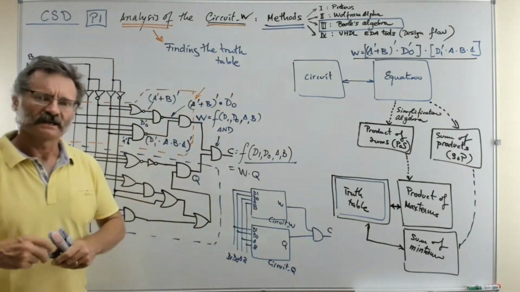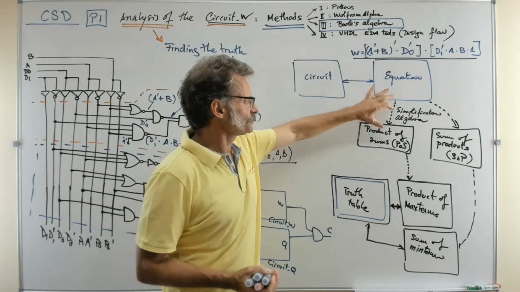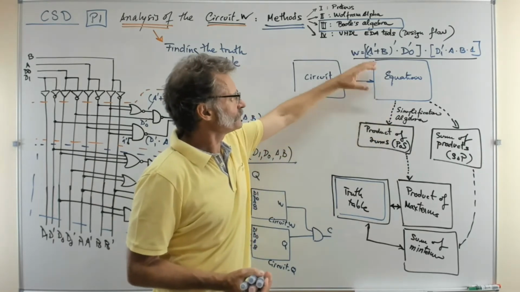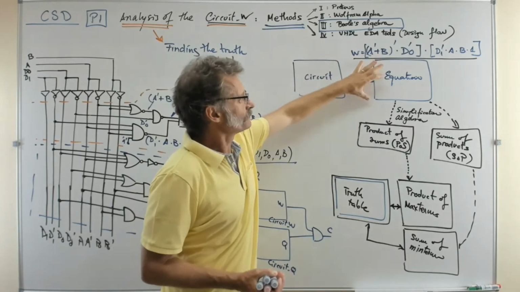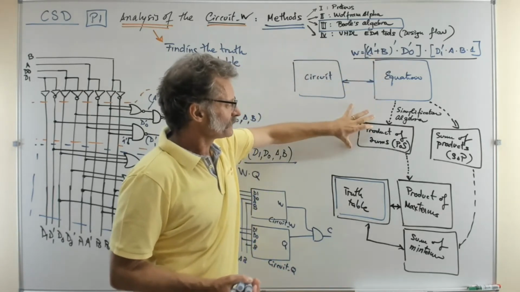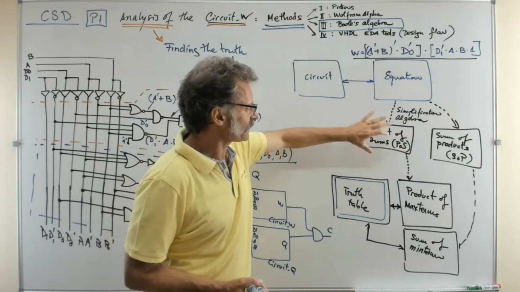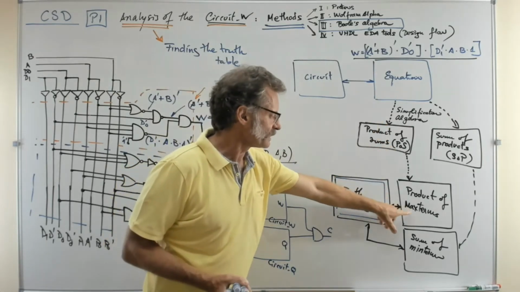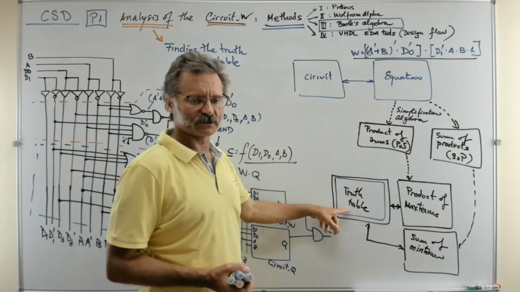You see, it's not something that you will do in one step, but perhaps in 2 steps. First of all, from the initial equation you get the equation, and from the equation you get the product of sums, and then you do something else to transform the sums into maxterms. And once you've got the maxterms, you already have the truth table, which is what you want in the end.